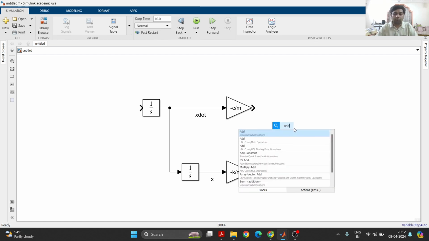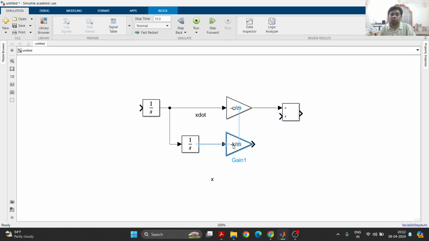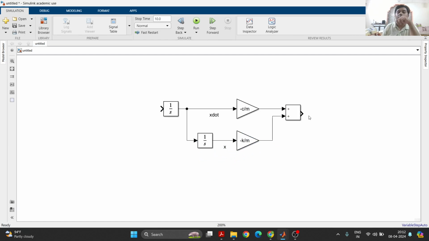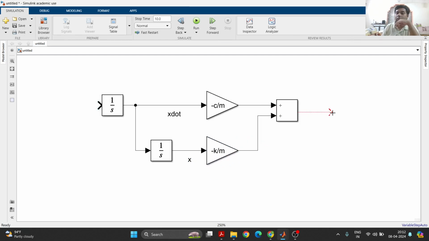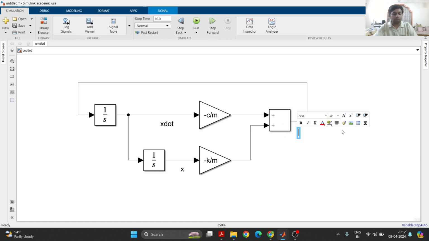And then we will add these two things: minus c by m x dot and minus k by m x. So this is our x double dot, which we will give to the integrator. This is x double dot, or basically the acceleration.